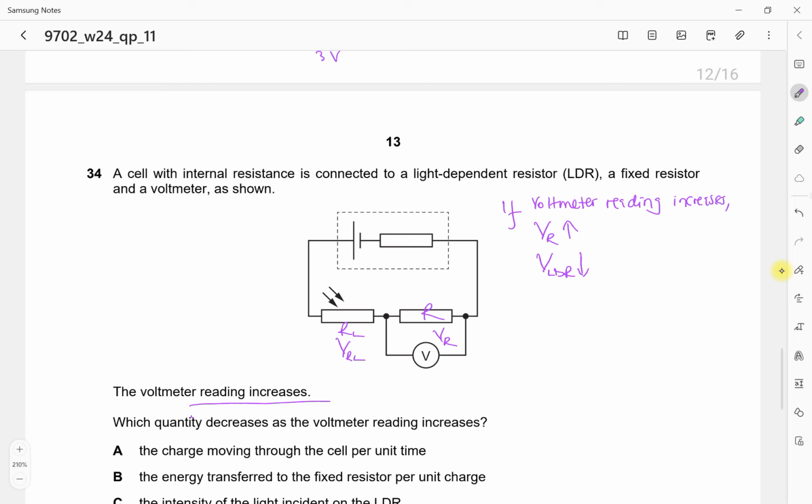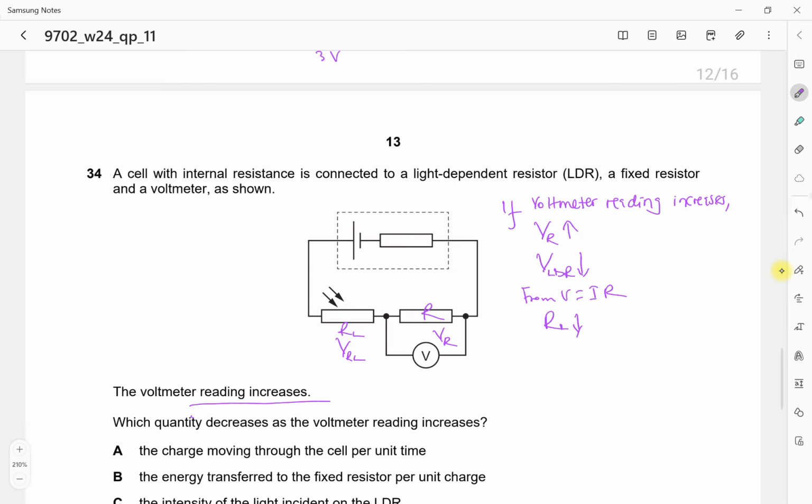And if the PD across the LDR has decreased, from V equals IR, it means the resistance of the LDR must have decreased. The resistance of the LDR must have decreased for the PD across the LDR to decrease.